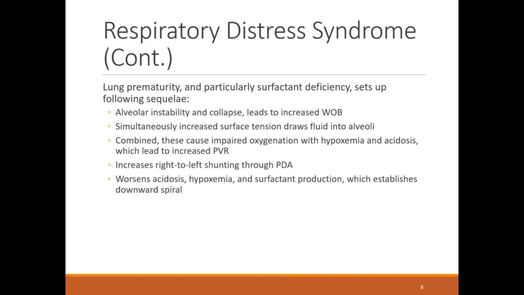All of these things co-contribute to each other to create this downward spiral for the patient. So unless we intervene and correct this, do some surfactant replacement, these things are just going to escalate and get worse.